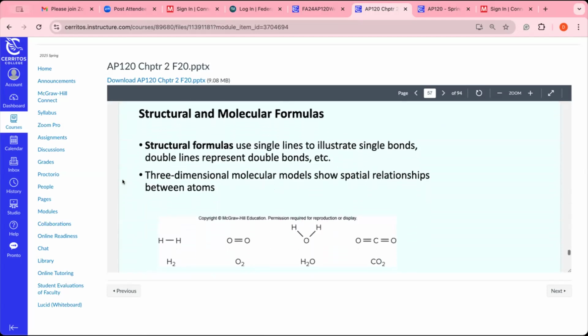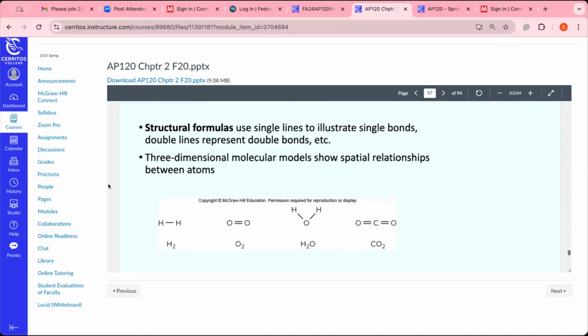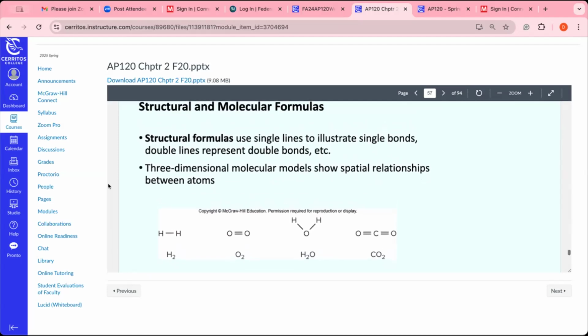So a structural formula uses single lines to illustrate single bonds, double lines to represent double bonds, etc. So you can use a structural formula like this, or you can use three-dimensional molecular models.